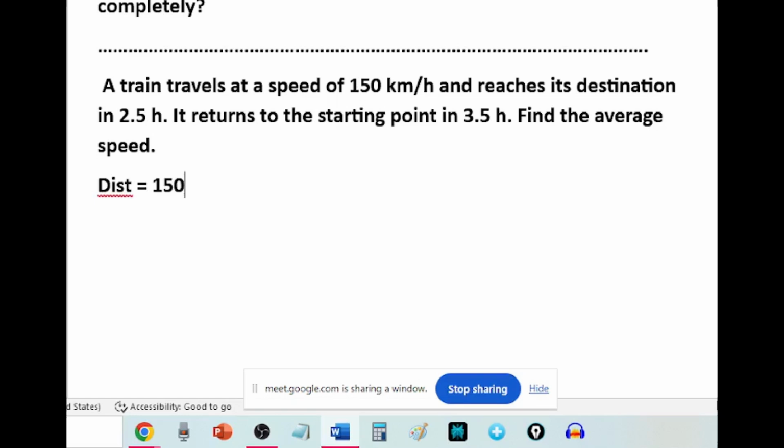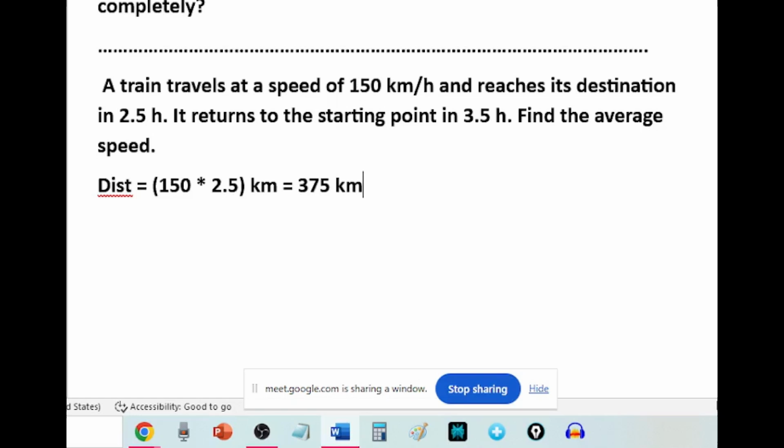That means 150 kilometers per hour into 2.5. 150, so 0 I can cancel, 2.5 I'll make it 25. So 25 into 15, 15 into 2, 300, 15 into 5, 75, 375.